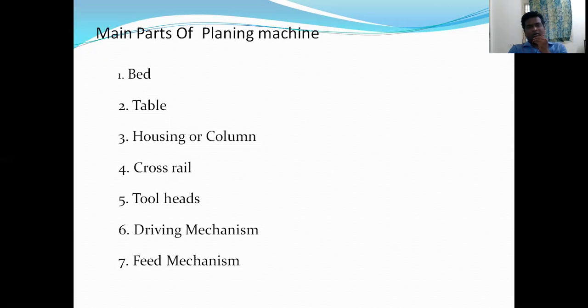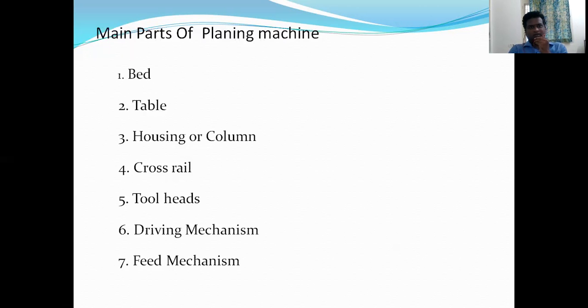It holds all the parts of the machine, and it houses the lubricating oils. That is similar for all machines.